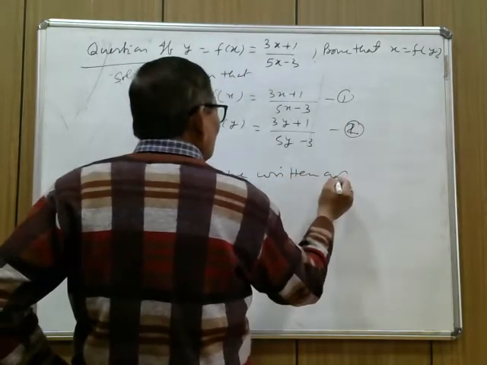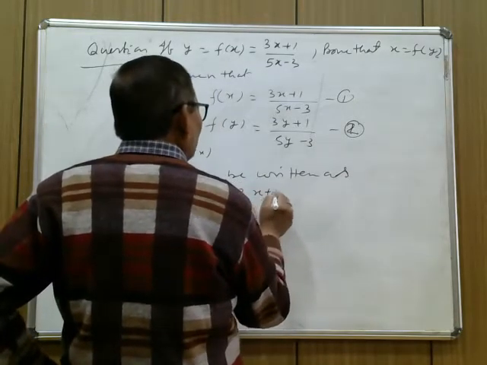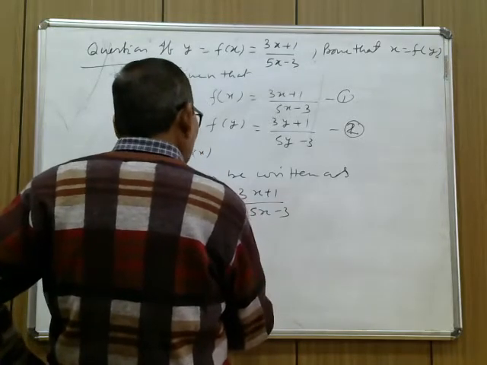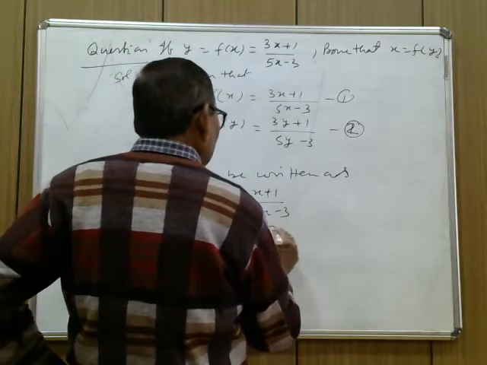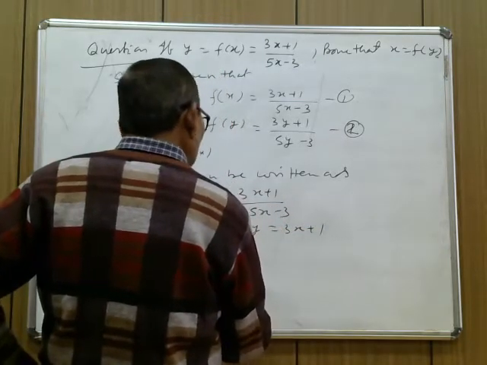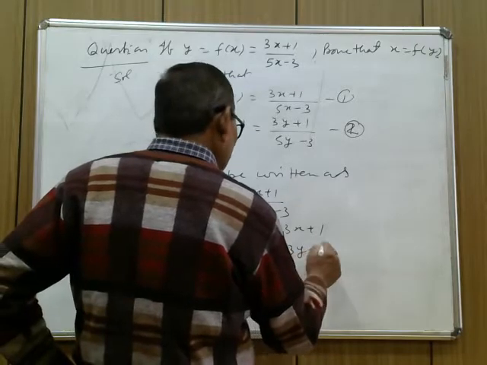y is equal to (3x plus 1) upon (5x minus 3). 5xy minus 3y is equal to 3x plus 1. Now 5xy minus 3x is equal to 3y plus 1.